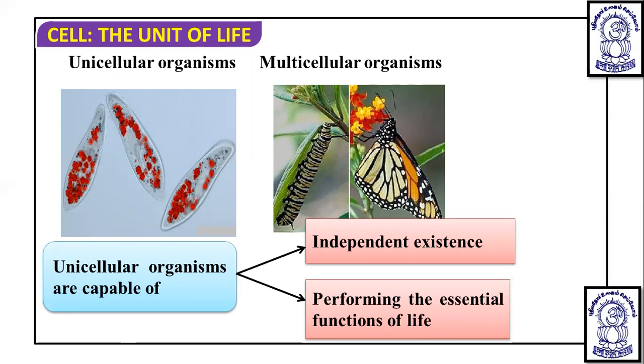They are made up of just a single cell, and a single cell has the capacity to carry out all the functions required for the survival of this single-cell organism. So due to the presence of a single cell performing all activities, they show independent existence. They live independently, and with that, they perform some essential functions of life as well.